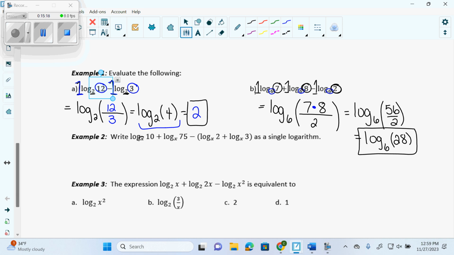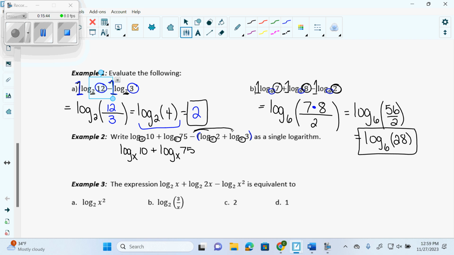Okay, so I have base x, base x, base x, base x, so that's good. I have a problem here though, I have a bracket. Can I distribute and get rid of the bracket and then be in the same boat as I was before? Yeah, so let's try that out. So we get log base x of 10 plus log base x of 75. And the minus sign has to distribute through.